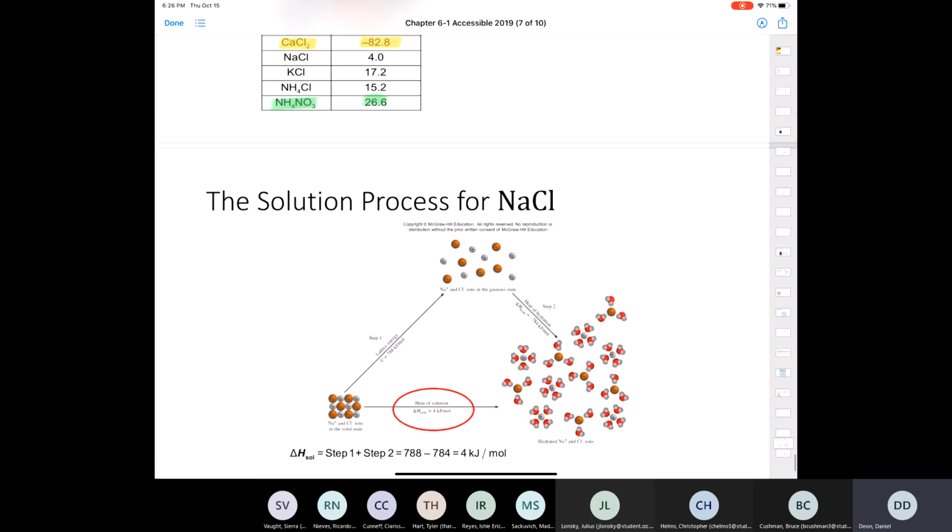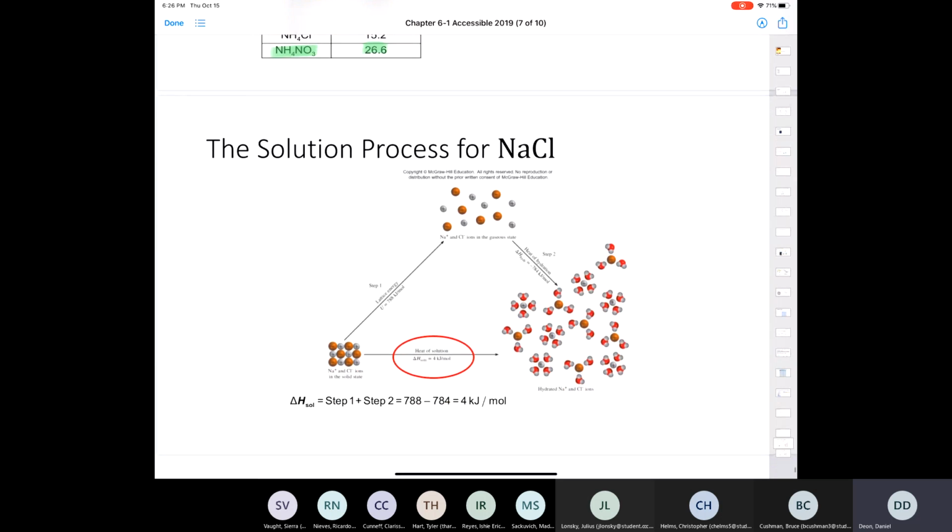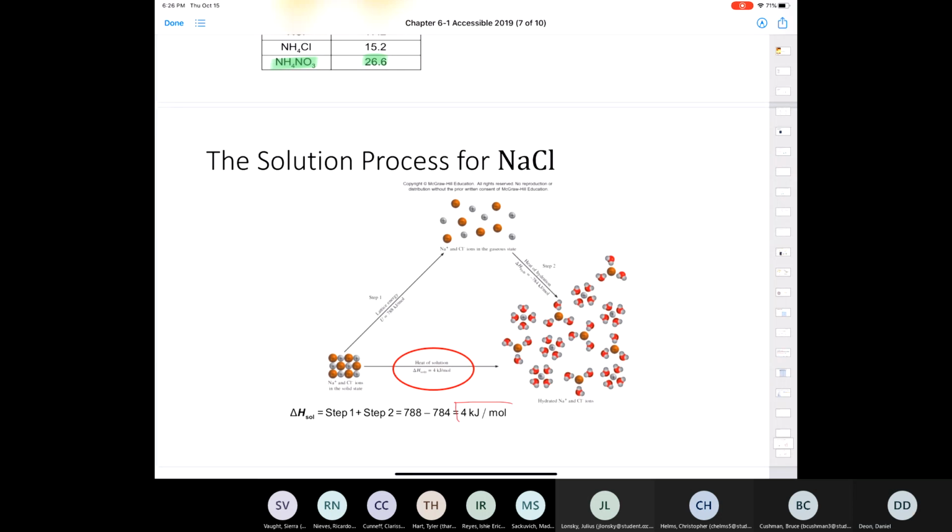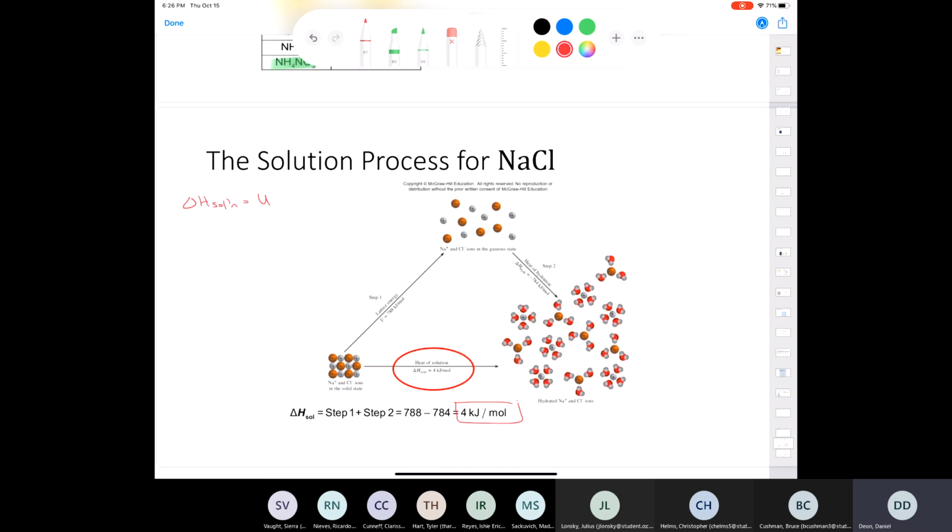We saw on the previous slide that the enthalpy of solution for sodium chloride is 4.0 kilojoules per mole. And where does that come from? Well, remember that delta H of solution is equal to lattice energy plus the delta H of hydration.